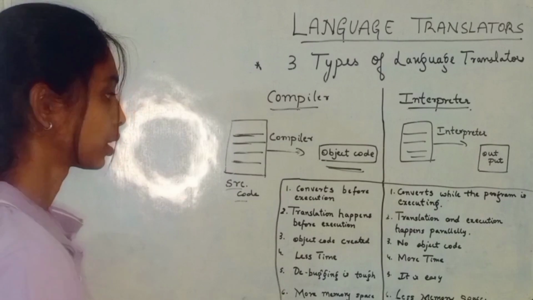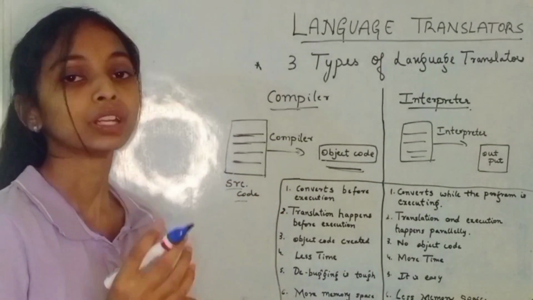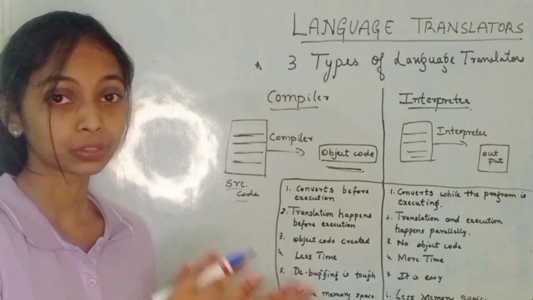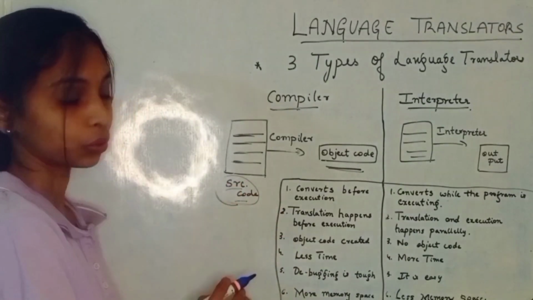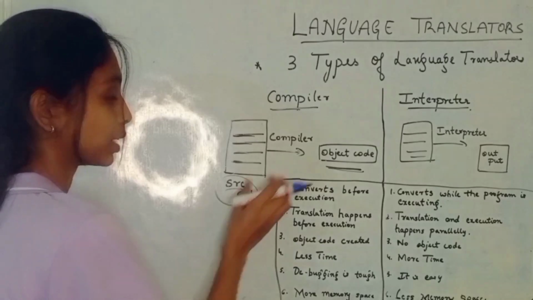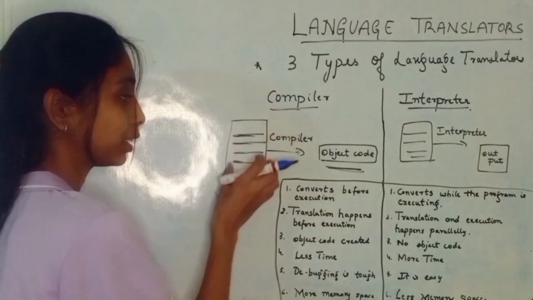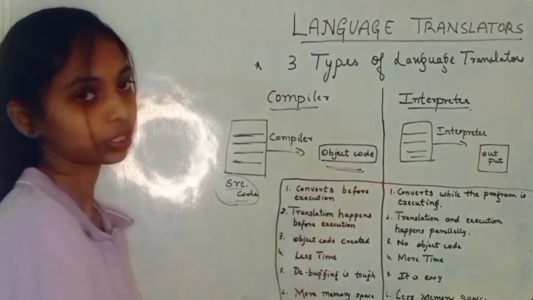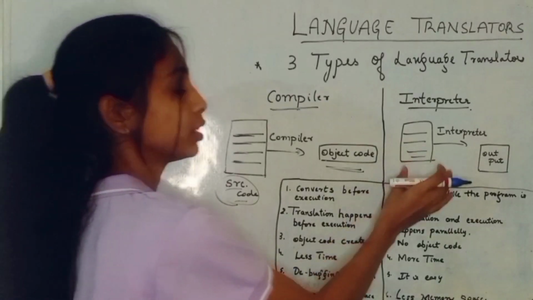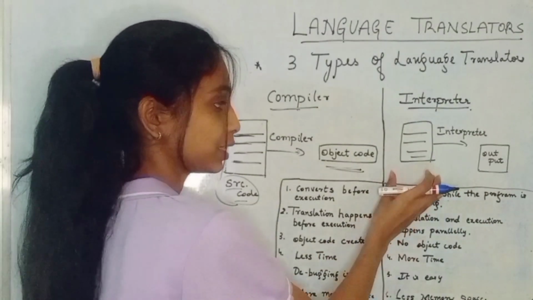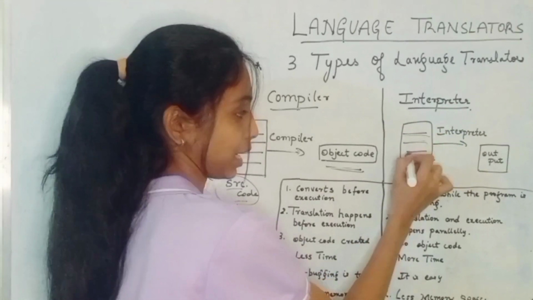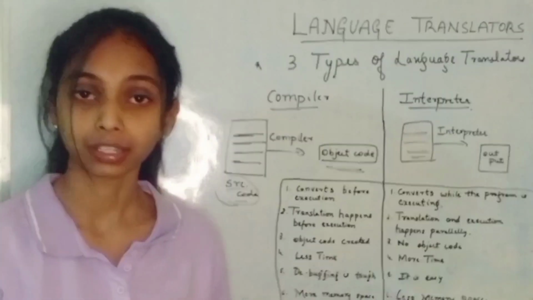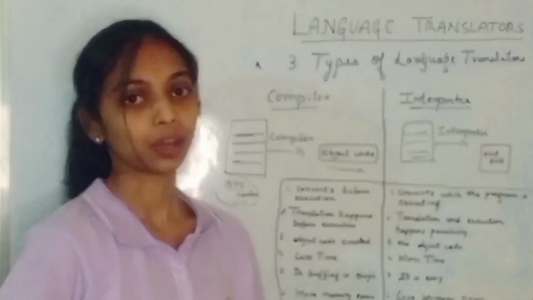Let us see now. So a programmer will write the set of instructions or set of sequence of lines of code in the form that will be called as source code. So this source code is read by the compiler at one time and gives the object code. And what does this interpreter do? This interpreter reads the lines of instructions line by line, convert it into the intermediate code and gives you out the output.